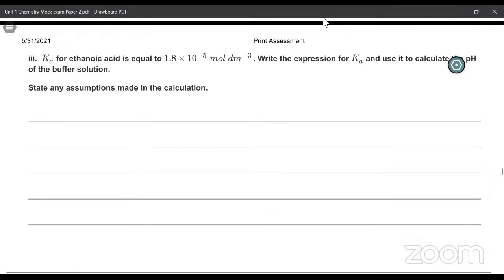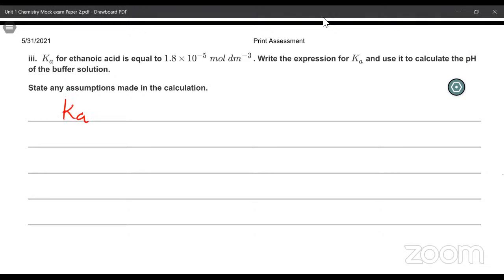Now, they want you to calculate here we go. Ka for ethanoic acid is equal to 1.8 times 10 to the minus 5 mole per dm cube. Write the Ka expression for ethanoic acid and use it to calculate the pH of the buffer solution.